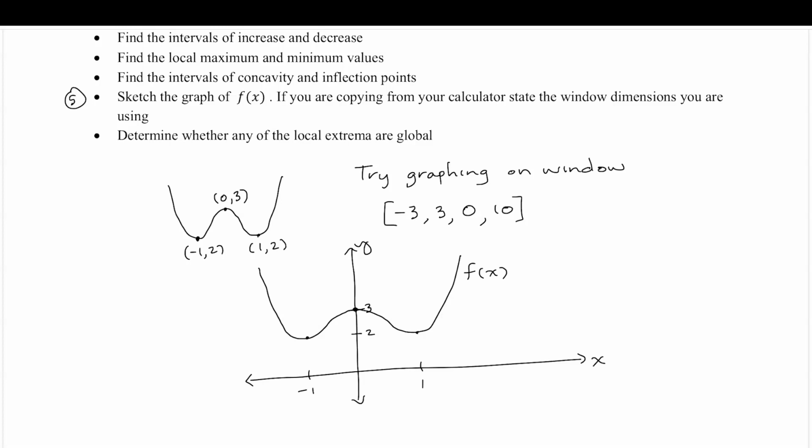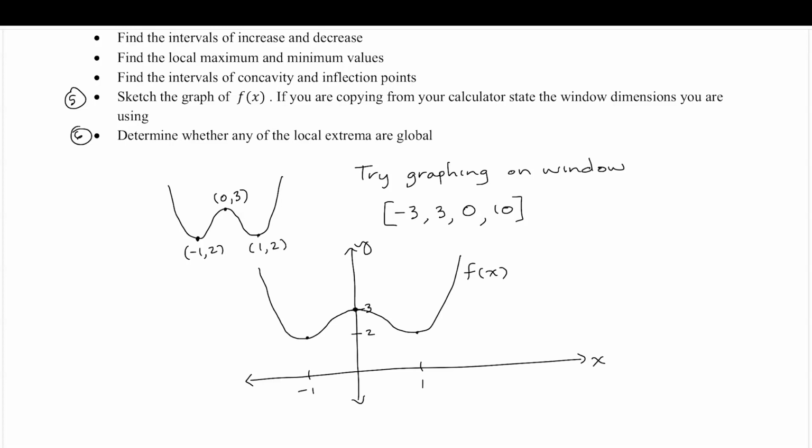Again, not the greatest drawing, but not the worst one I've ever done either. If you're going to use your graphing calculator, which you're welcome to do, make sure you pick a window that does a good job of showing the important behavior. If your window is too zoomed out, you won't see the maxes and mins. It'll just look like a bucket shape.